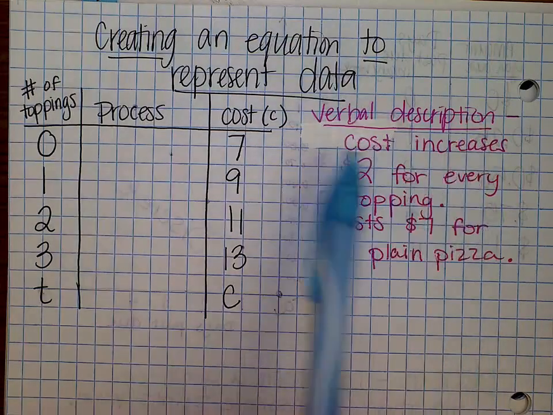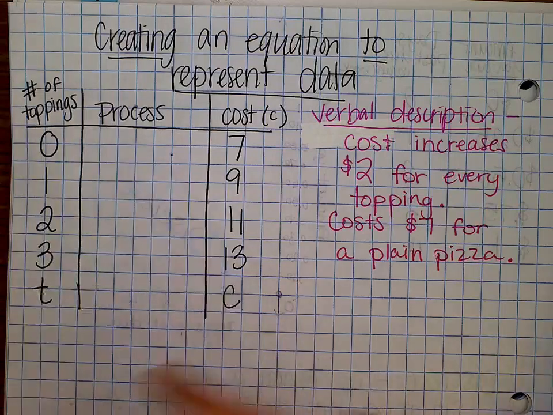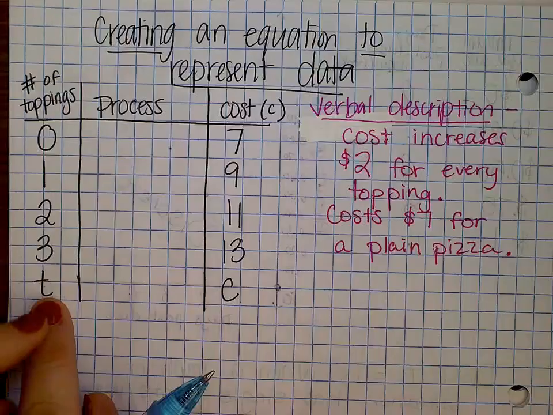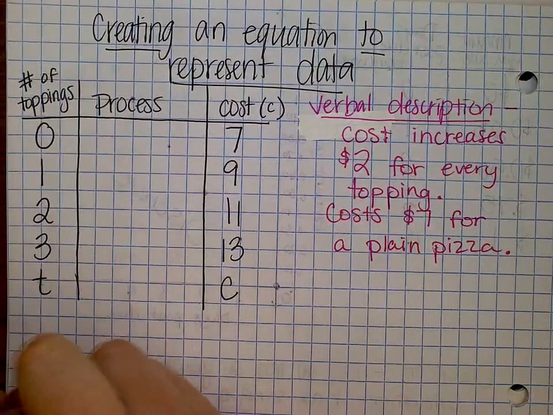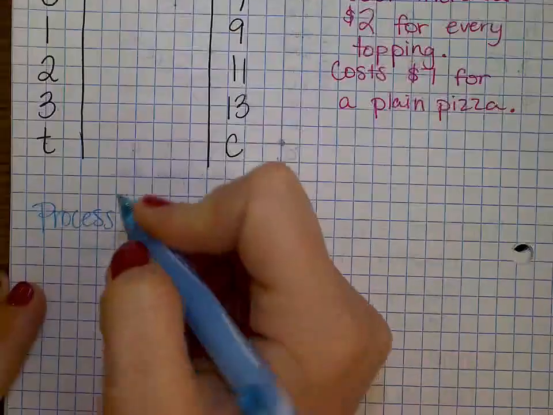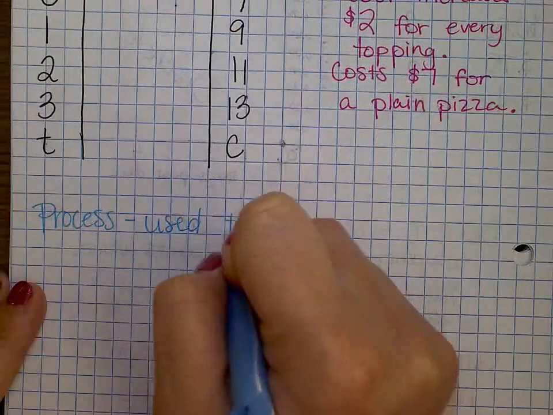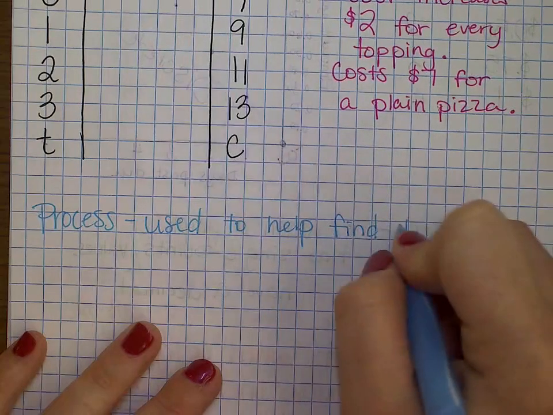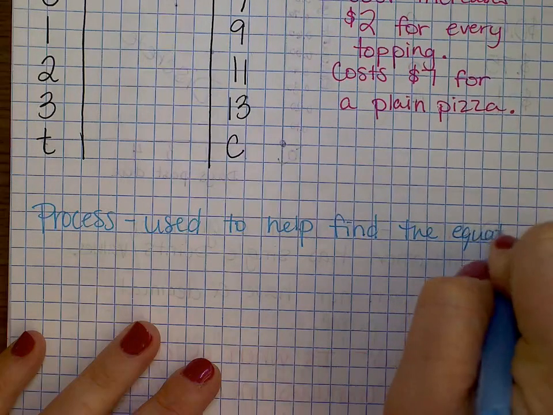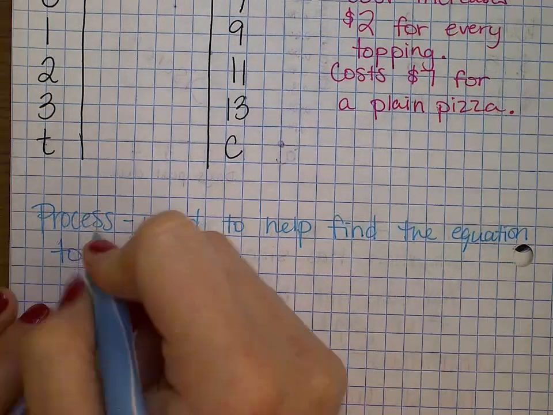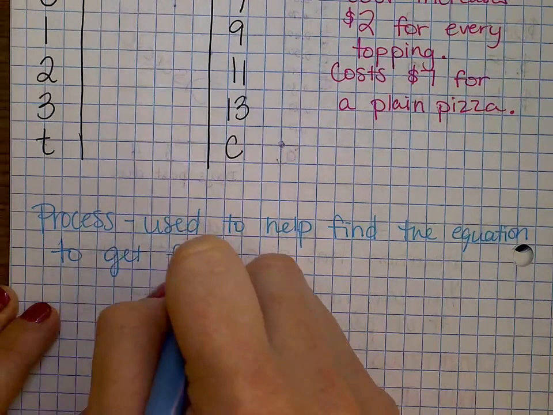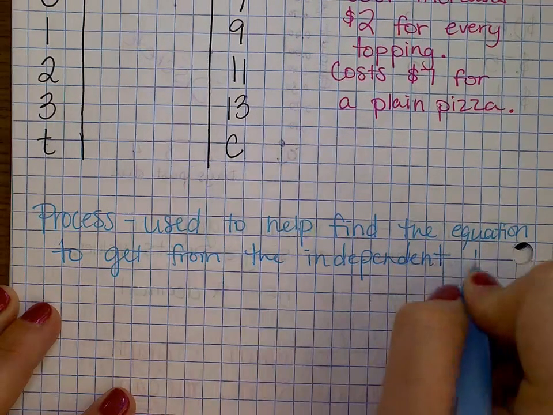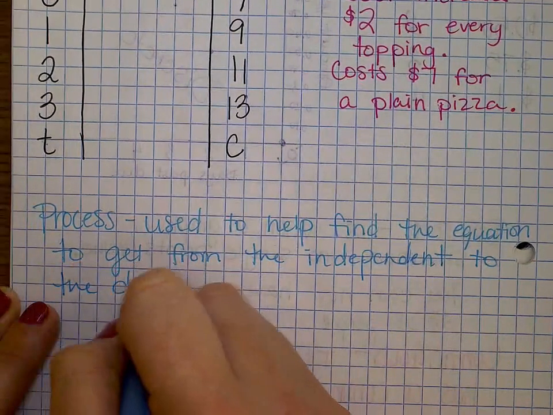Once you have your verbal description, it makes it a lot easier to do these next steps. So again, we're writing equations. This process is just going to help us write the equation. So process is used to help find the equation to get from the independent to the dependent.